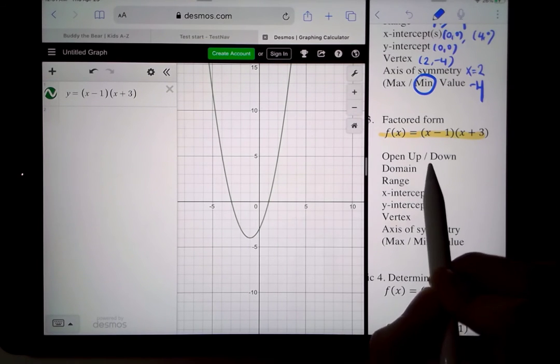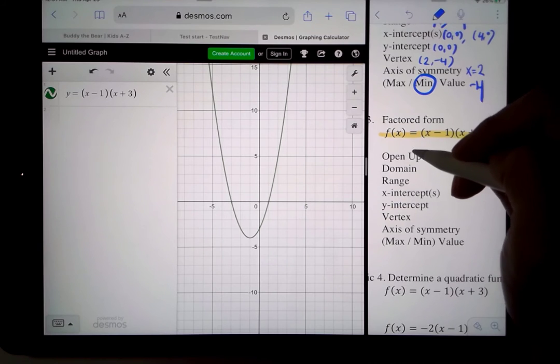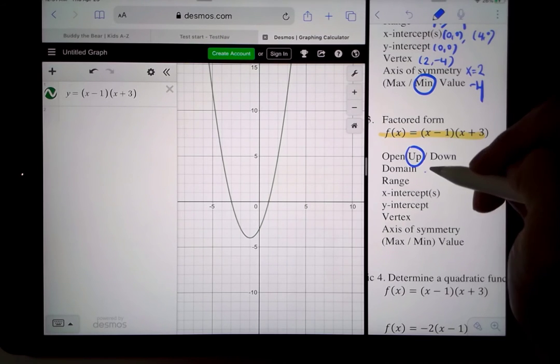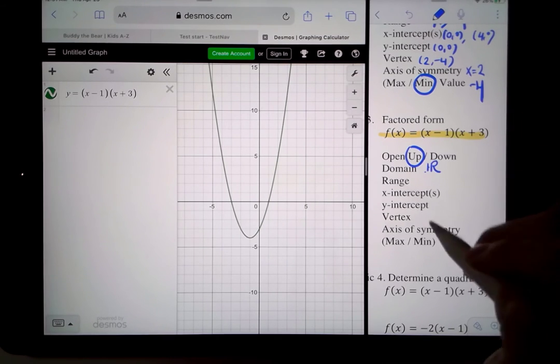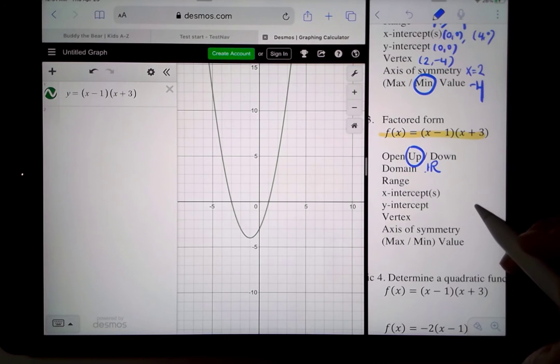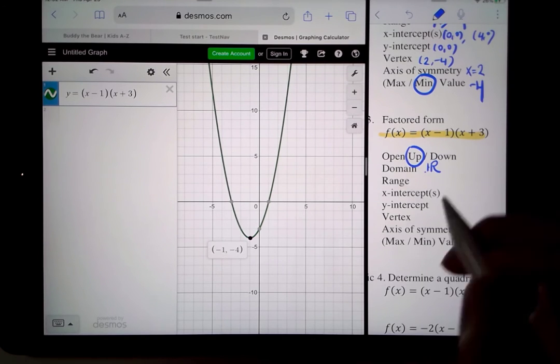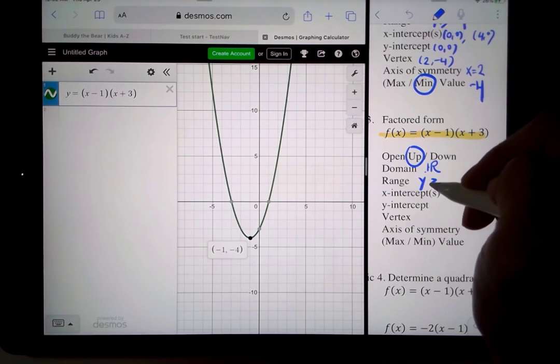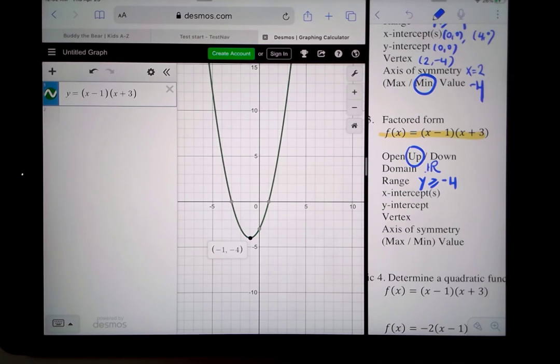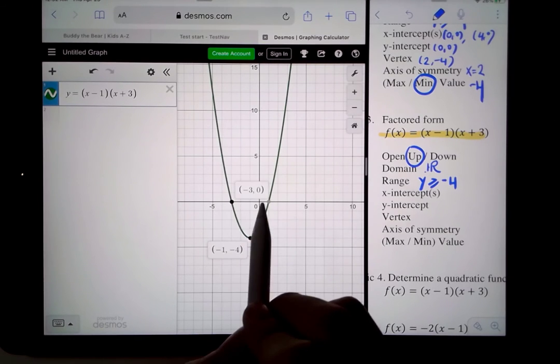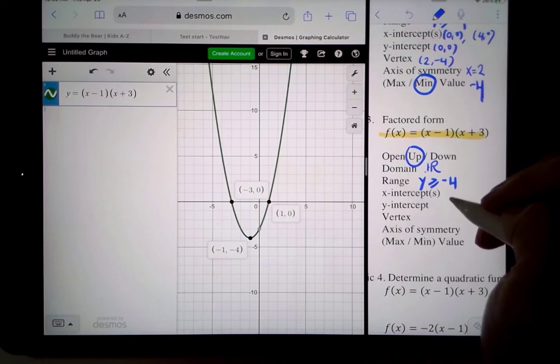Is that opens up or down? Opens up. Domain, all real numbers. Your range, that's bigger than that point, which is -1, -4, right? So y is greater than or equal to -4. X-intercepts, -3 and 1.